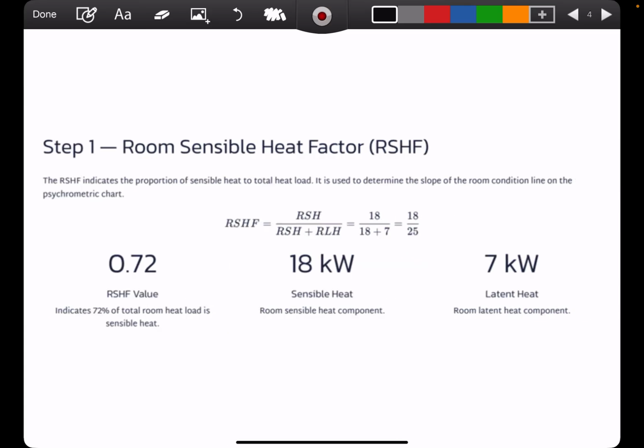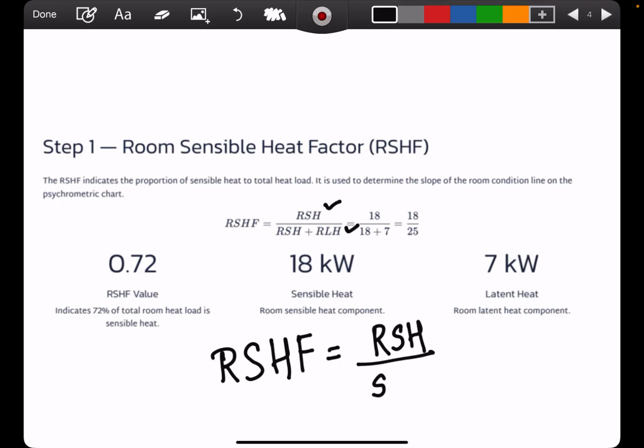The next step is, because you already know the sensible load and the latent load, you calculate the room sensible heat factor. Room sensible heat factor is nothing but the ratio of the sensible heat to the total heat.